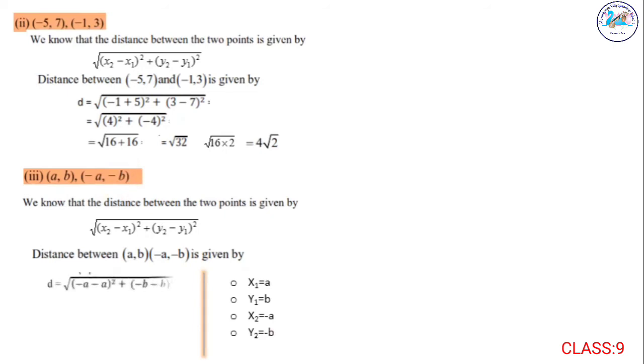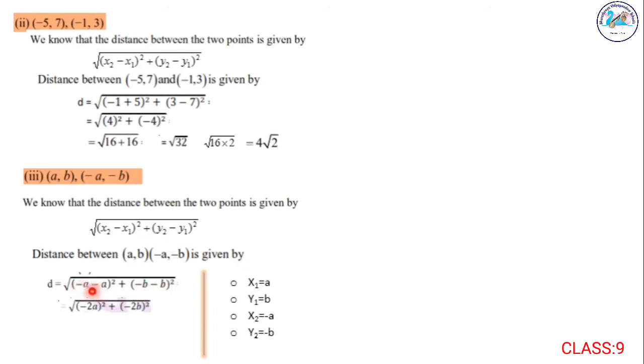Now substitute into the distance formula. x2 is minus A, x1 is A, that is minus A minus A the whole square, plus y2 we have minus B, then y1 we have B, that is minus B minus B the whole square.